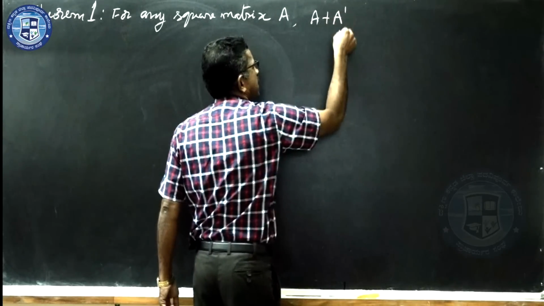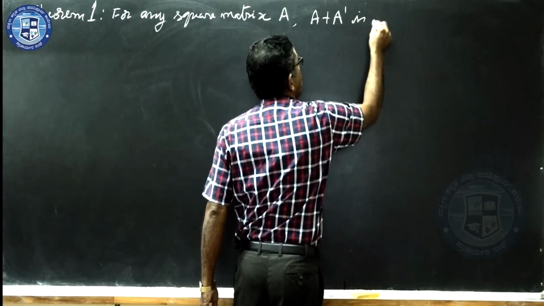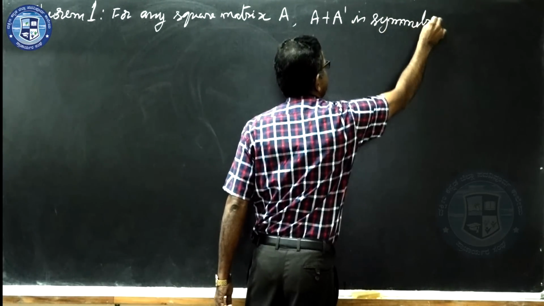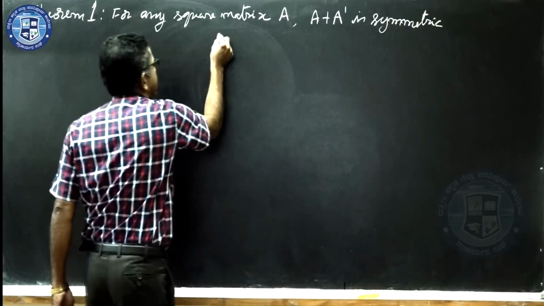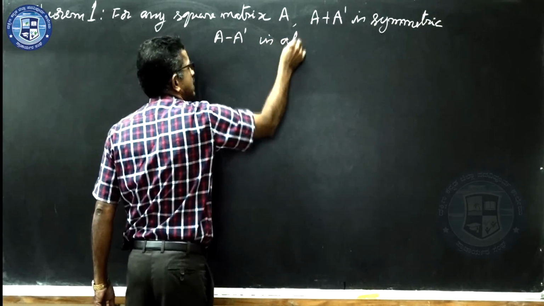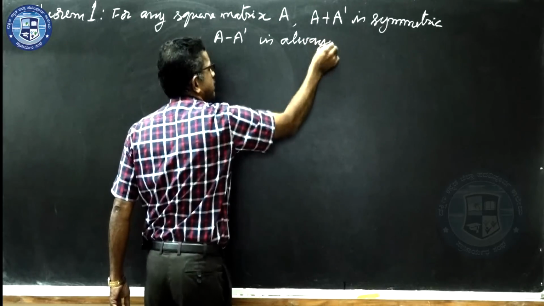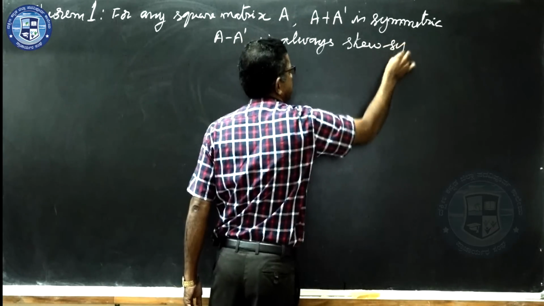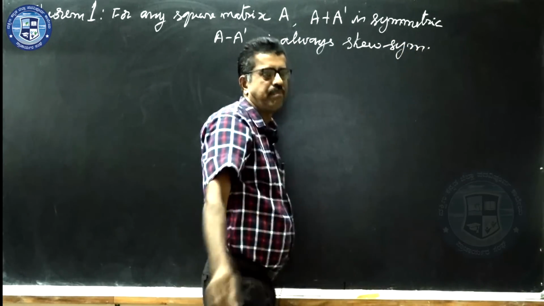A matrix plus its transpose is always symmetric. And A minus A dash is always skew symmetric. So this is the theorem.